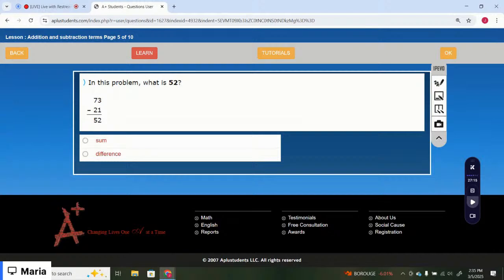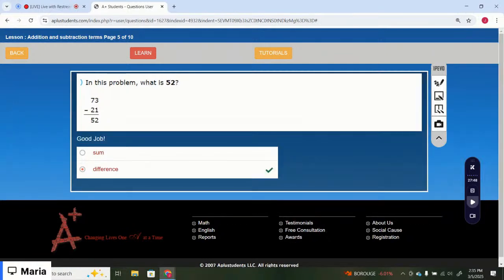In this problem, what is 63, which is the correct option? 52 is the difference of 73 and 21.